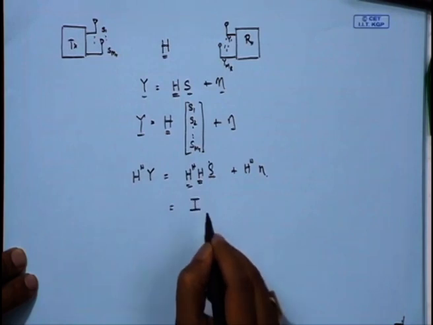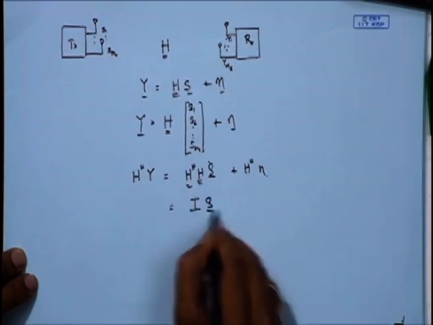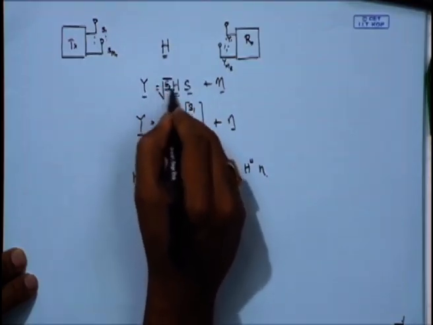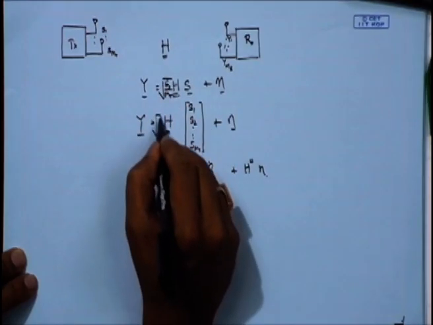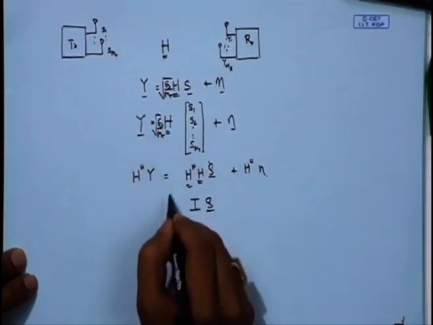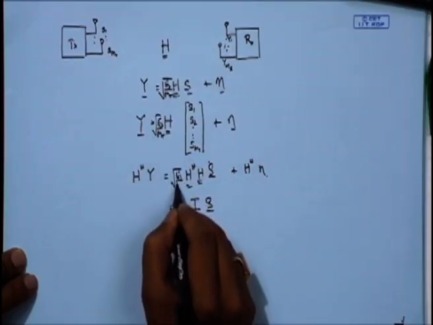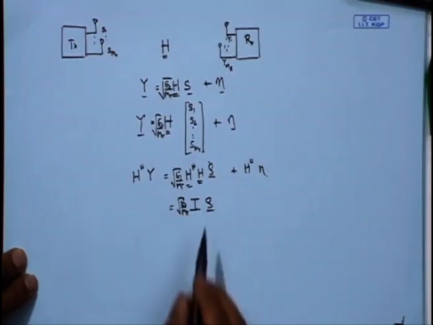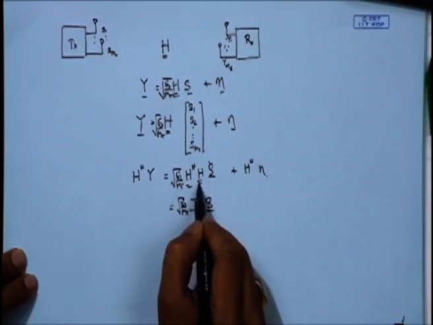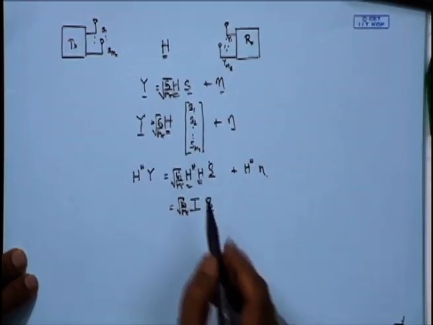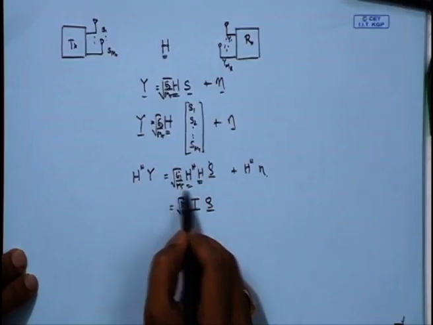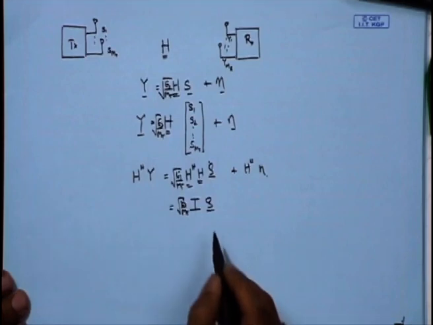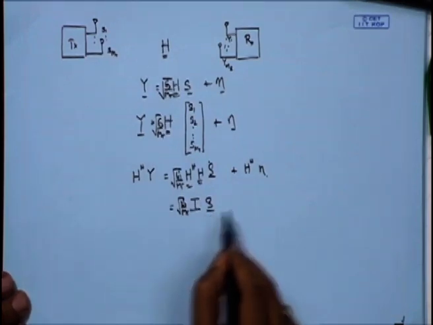So, we can get an identity matrix times S. In this case, with our notation, we are going to have root over Es upon MT, and we could also have zeta upon M, so that the trace ends up as M. So, we could also have the total channel strength constraint, which will be a scalar modification of this.